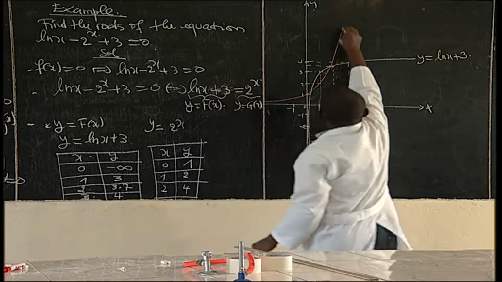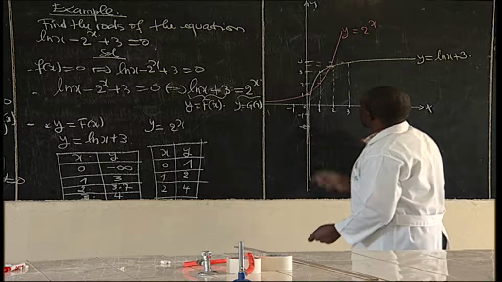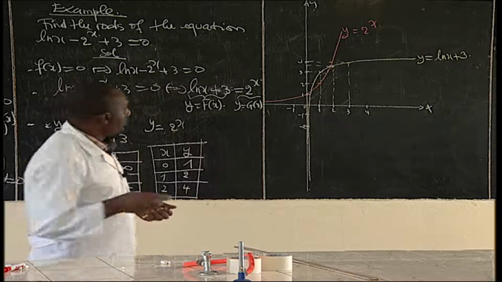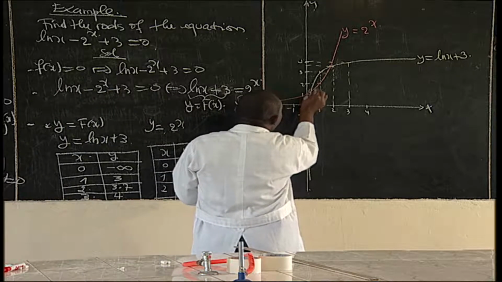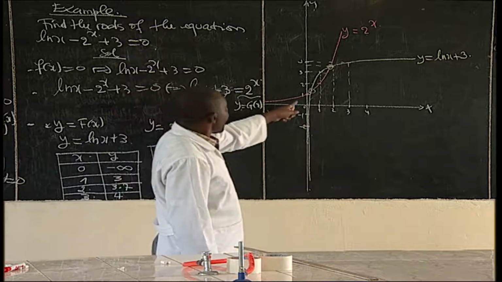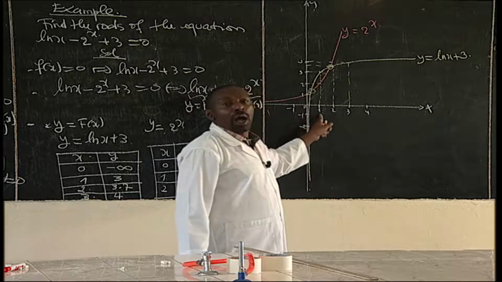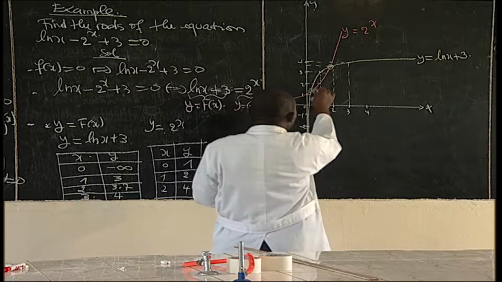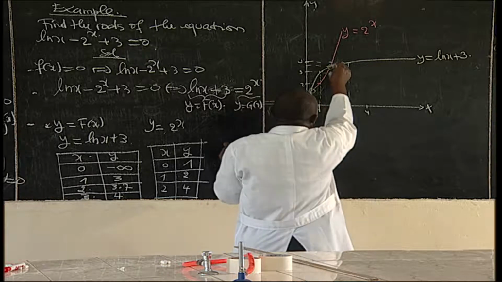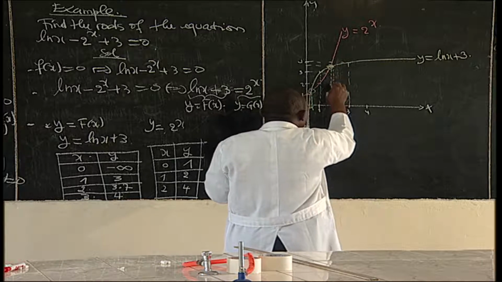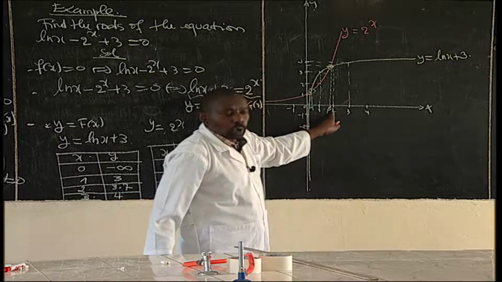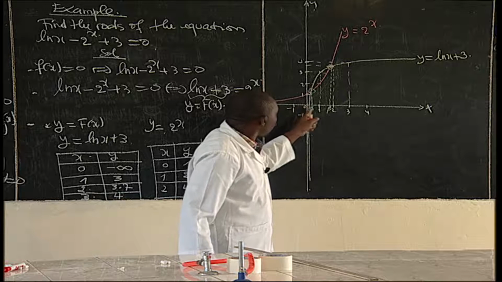Do you see? This is 2 power x. My two curves intersect at this point and this one, isn't it? Then the x-coordinates of these intersections are the required roots. Means that if this is alpha, that is the root, the other root is there. Realize that one root is close to 2, and the other root is between 0 and 1.